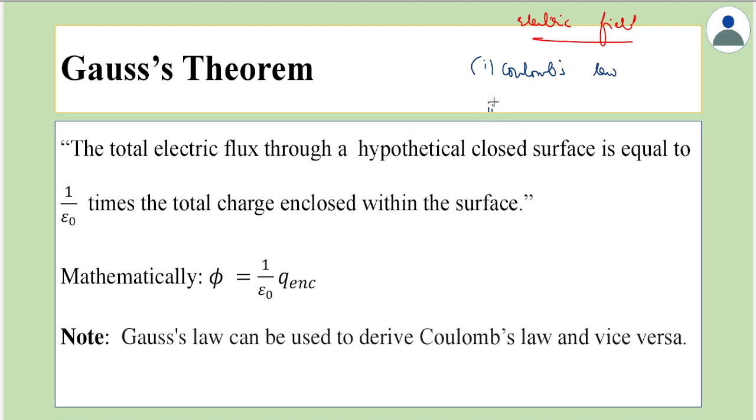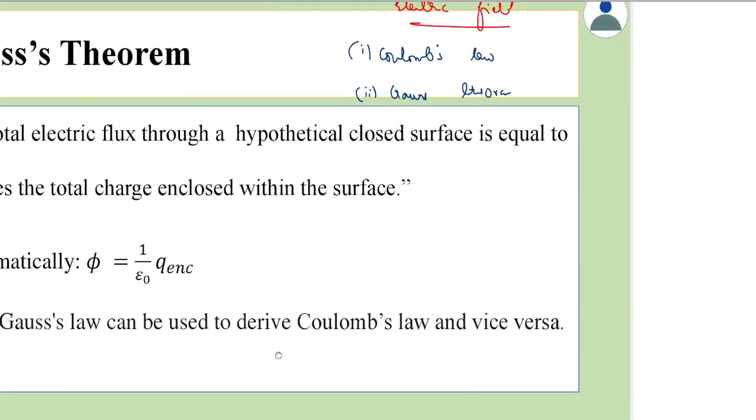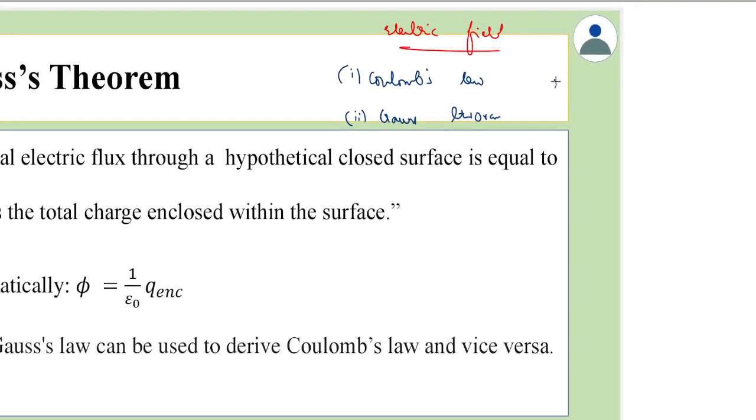The second method is what we'll learn now. It's called Gauss Theorem or Gauss Law. In fact, there are many more methods also. There's something called the method of images, and there are many more methods also.